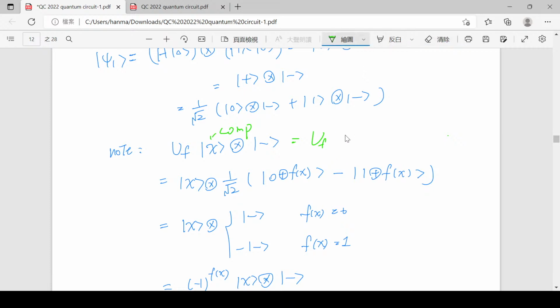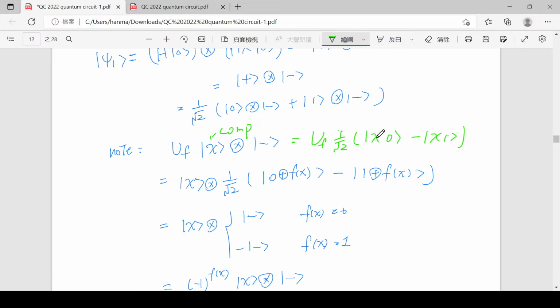UF applied to 1 over square root 2 times x0 minus x1. So we just write the minus state as 0 minus 1, then you apply UF on those two things.